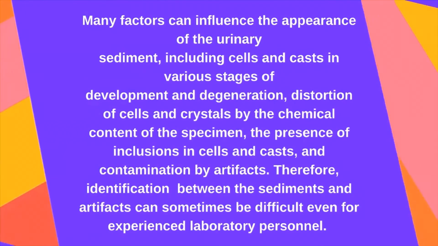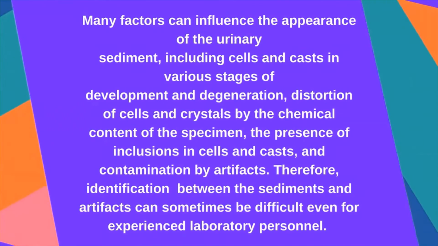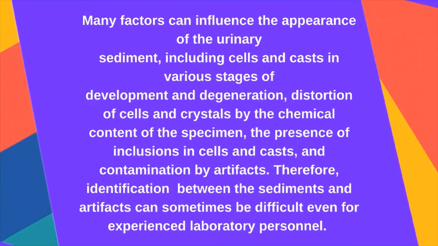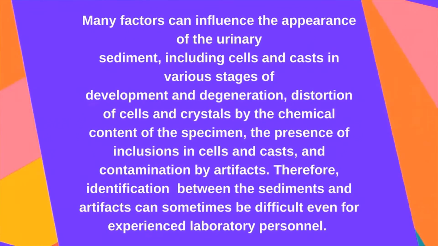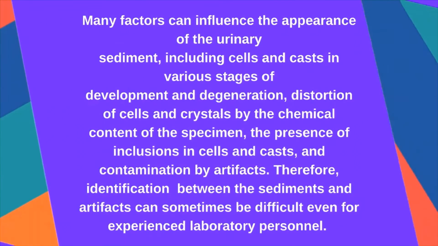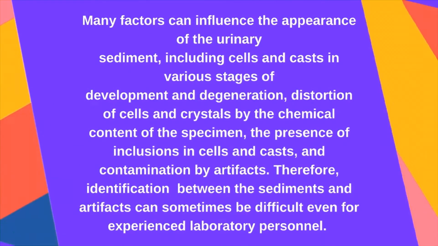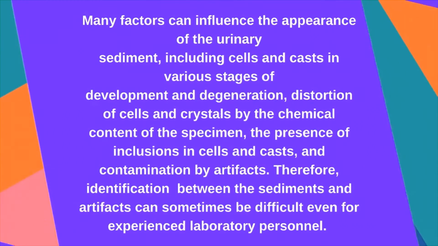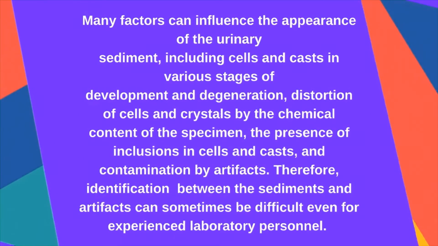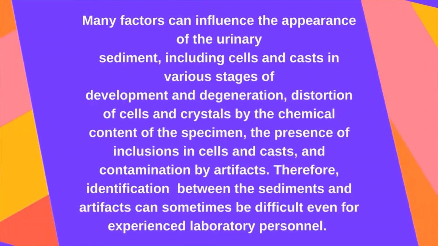Many factors can influence the appearance of the urinary sediment, including cells and casts in various stages of development and degeneration, distortion of cells and crystals by the chemical content of the specimen, the presence of inclusions in cells and casts, and contamination by artifacts.